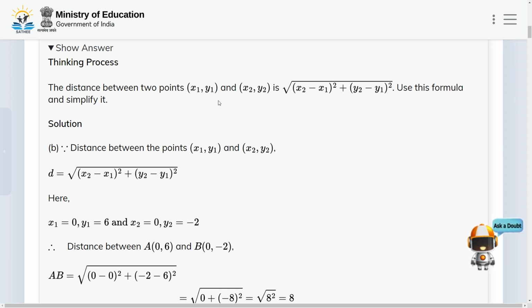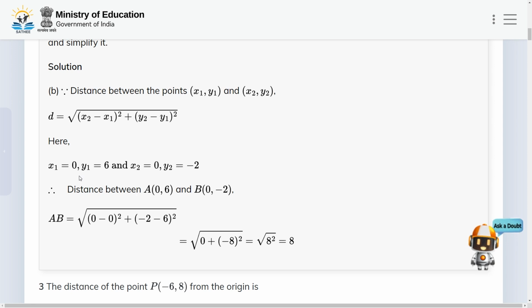Now use this distance formula and simplify. Here x1 is 0, y1 is 6, x2 is 0 and y2 is -2.